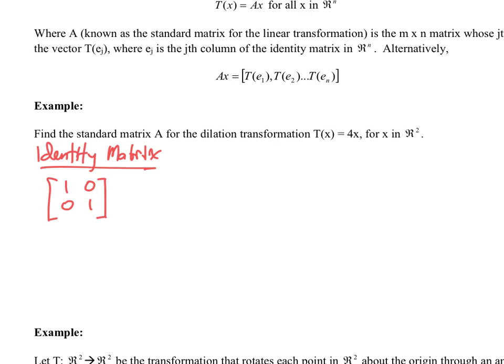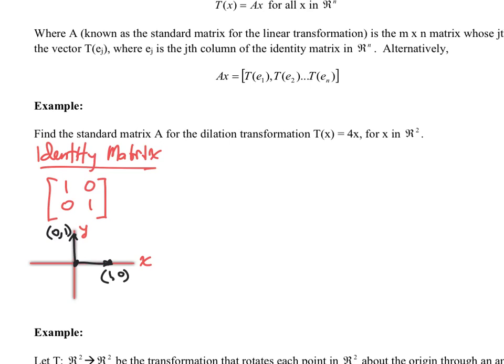If I were to graph each of these vectors, I get the unit vectors on the xy plane. So here's 1, 0. And here's 0, 1. All the transformation is doing is moving these points somewhere else.